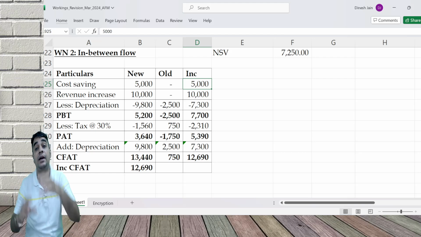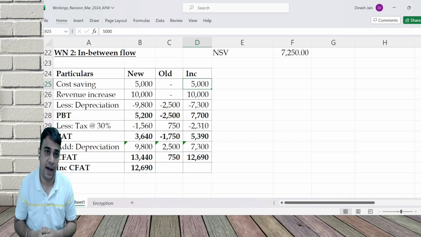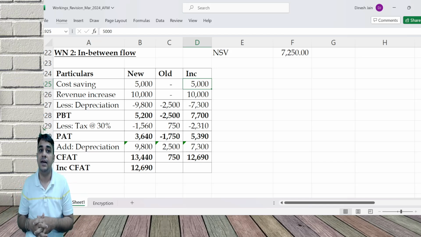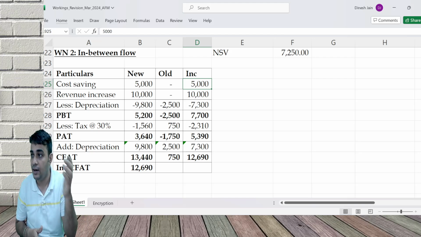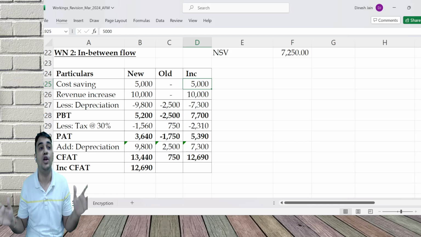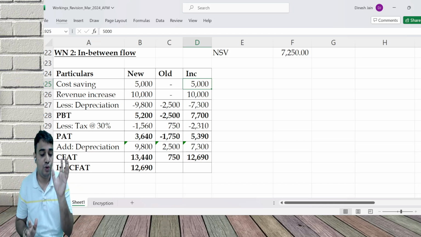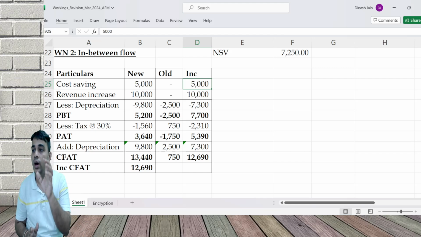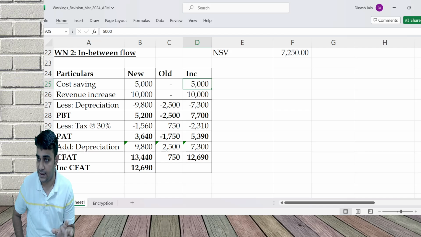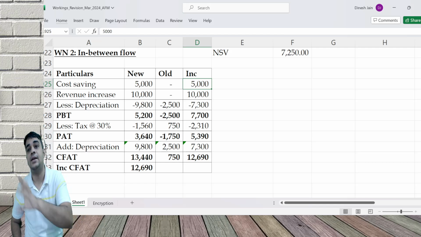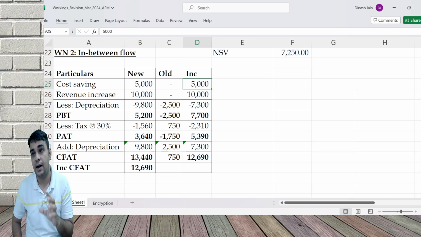In this question, direct incremental is easier. Would the answer be different? No, the answer is going to remain the same: new 13,440, old 750, extra 12,690, or directly extra 12,690. Whichever way you do, that's your wish.